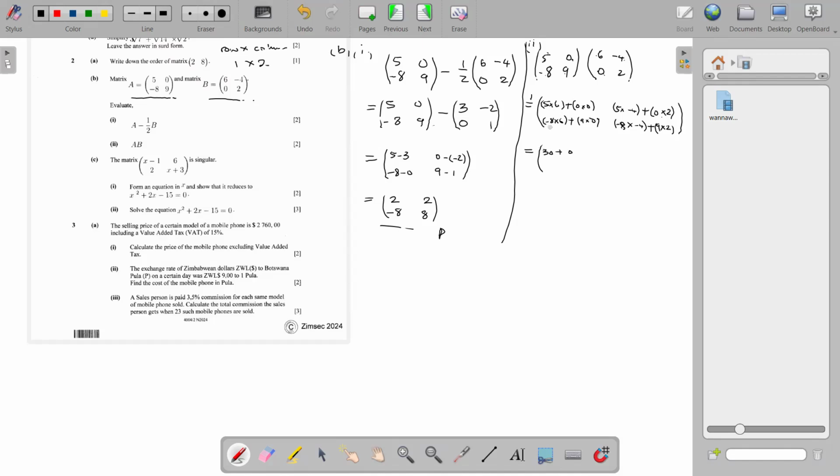Here it's going to be minus 48 plus 0. Here it's going to be minus 20 plus 0. The last one is going to be 32 plus 18. Then our final answer is 30, minus 48, minus 20, then 50.